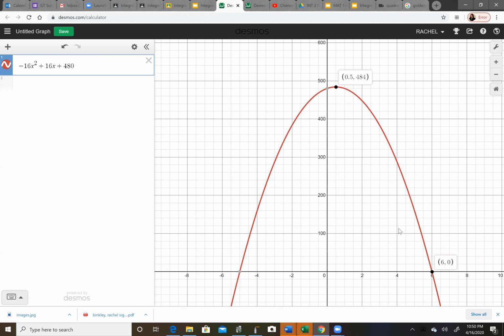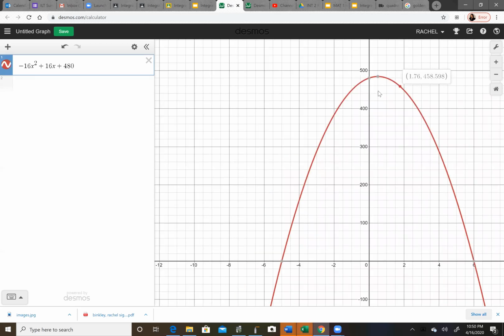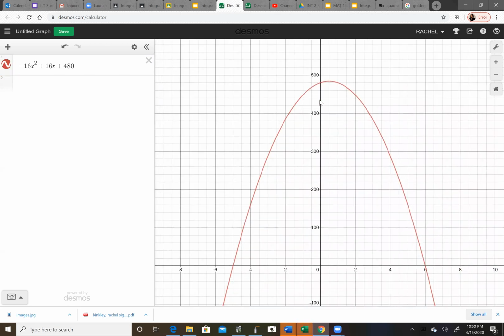I think there's another question, or maybe it's on a different question, but let's say, how long does it take him to fall to 300 feet? So here's an easy way to do this, you guys, and this might help you on your quiz that you're taking on Friday.